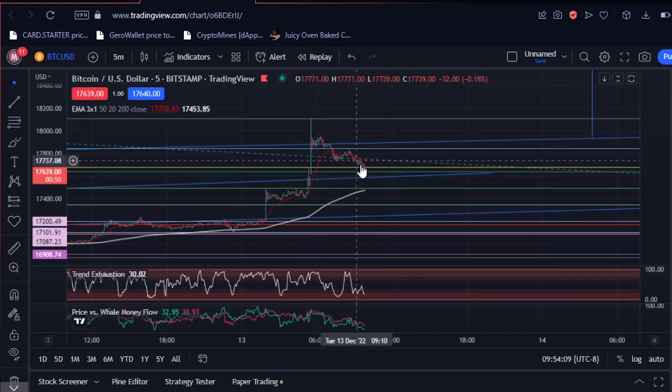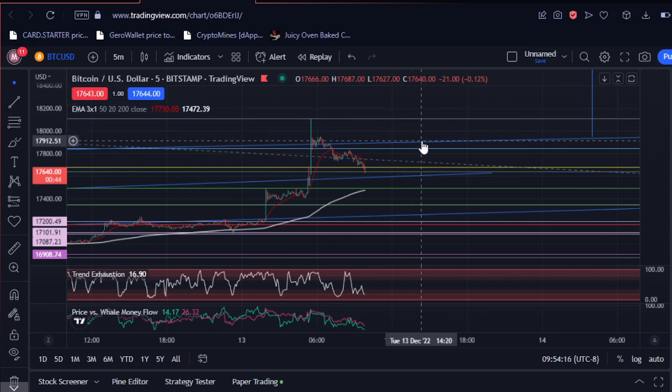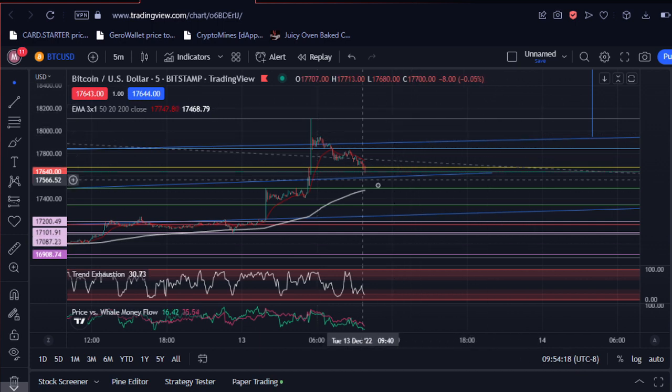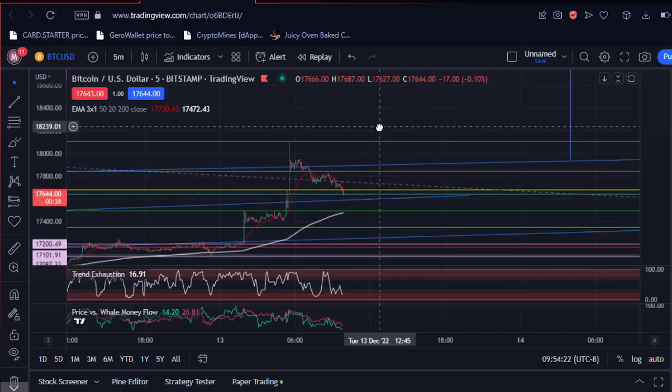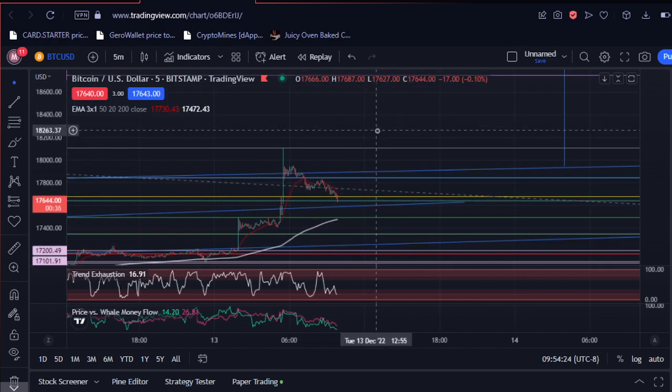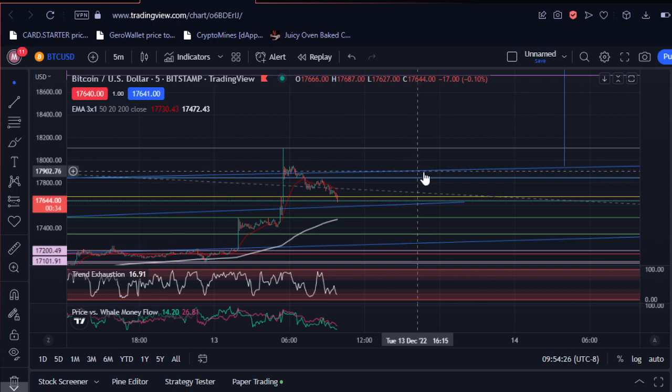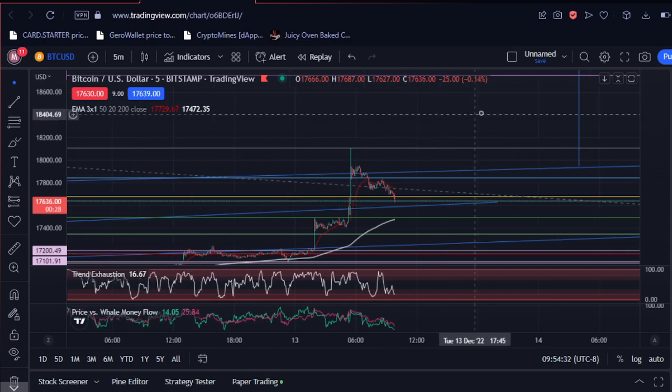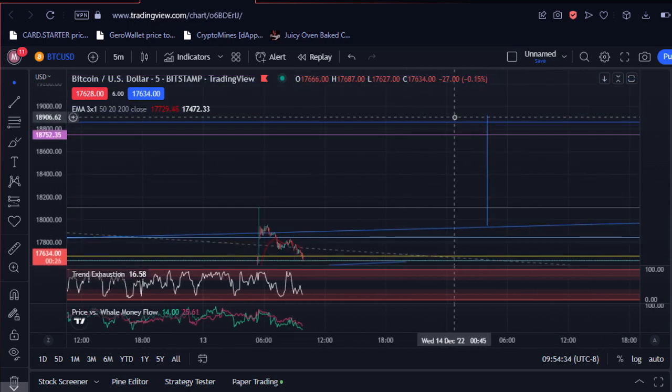If we come up and we break this high, and then we come back down, I think it's a good chance that's the fake out to the upside. If we come up and we bust through it, and then we come down and maybe retest over here showing strength, and it's just a couple wicks, maybe bounce off this previous high level, then we're definitely in play for at least 19K Bitcoin, 18.9.